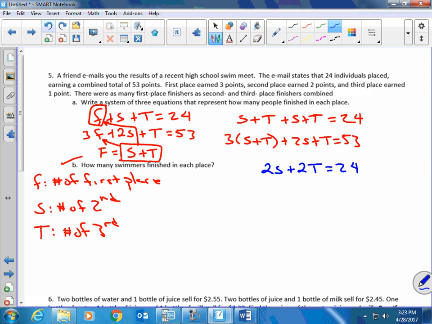Next equation, I have 3S plus 3T, distributing the 3 to both terms. I have 2S plus T equals 53. Let's rearrange that some more. I have 3S plus 2S, which is 5S. And I have 4T, 3T plus 1T equals 53.